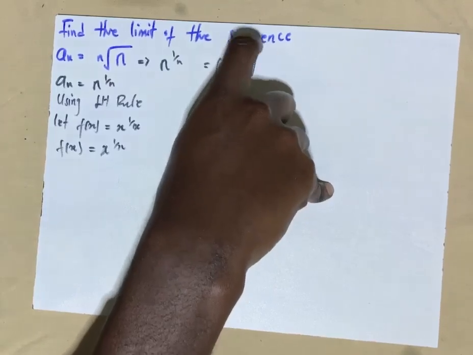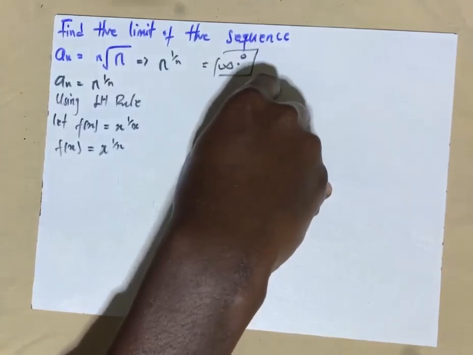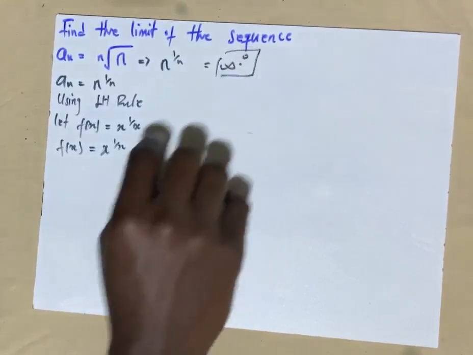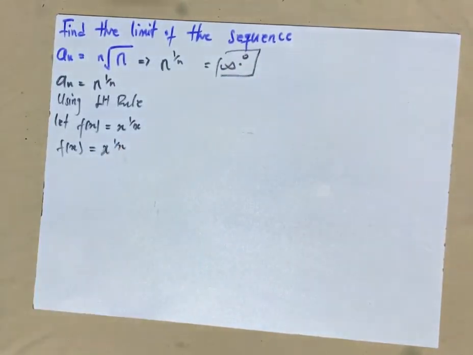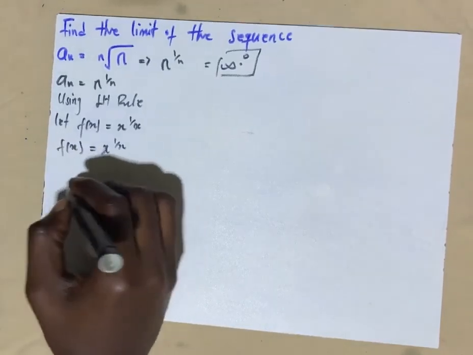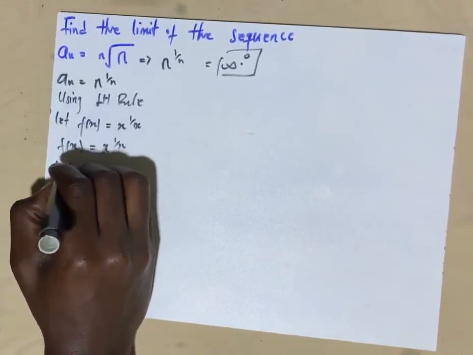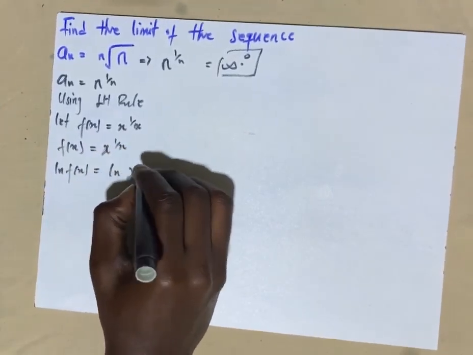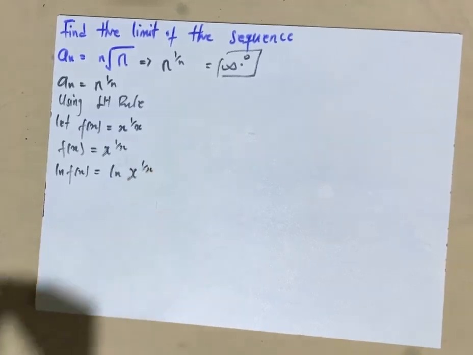By removing this exponent. To remove this exponent, we introduce a natural log. So you take the natural log of the function and also take the natural log of the right hand side.